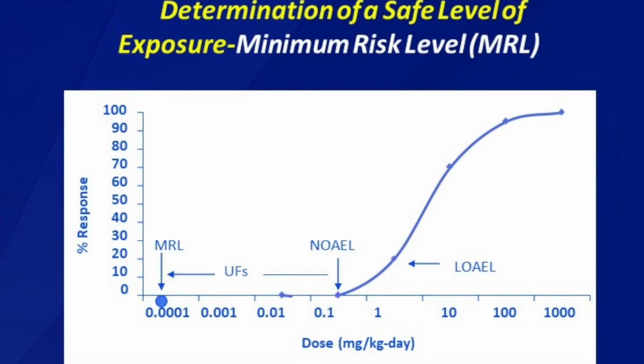So the uncertainty factors are multiplied on each one of these, and the minimum risk level that's determined by multiplying all these uncertainty factors that are associated with NOEL and LOEL are shown to be on the very left at 0.00001 level. So that's how much safety is incorporated when we're defining a minimum risk level in risk characterization.